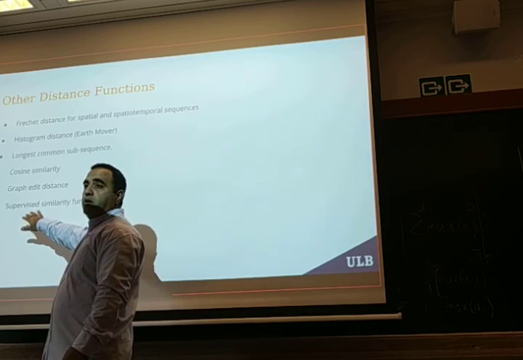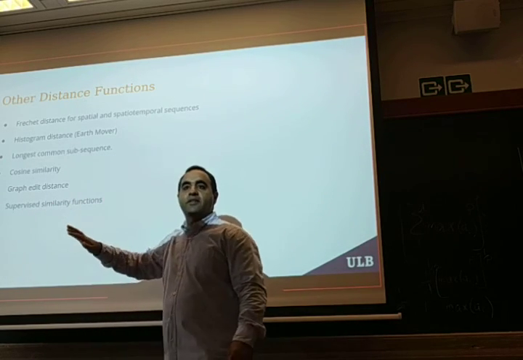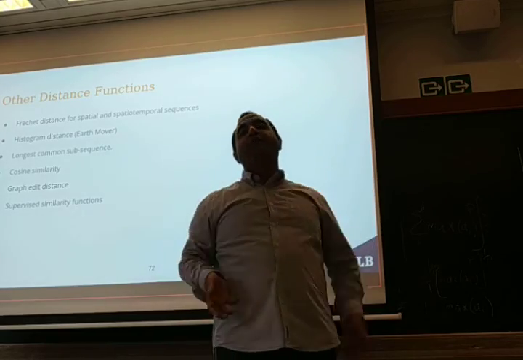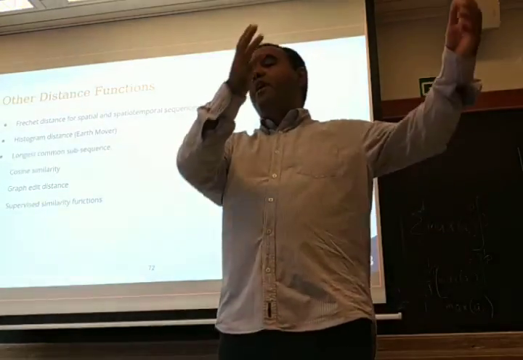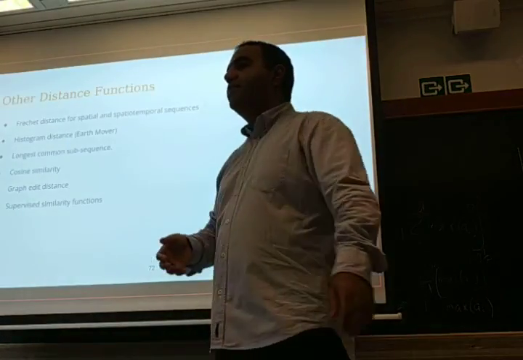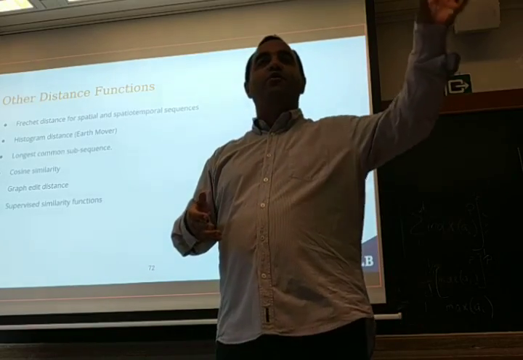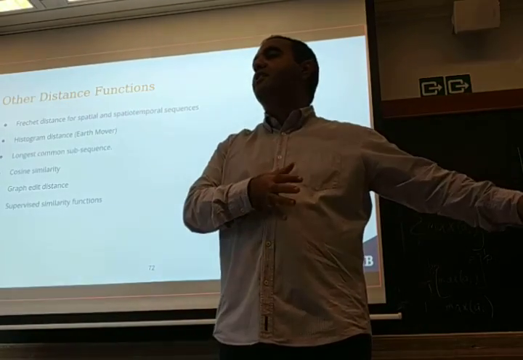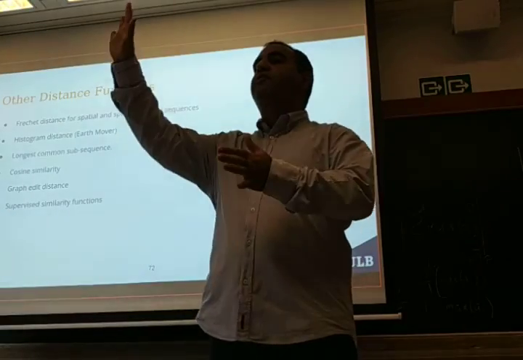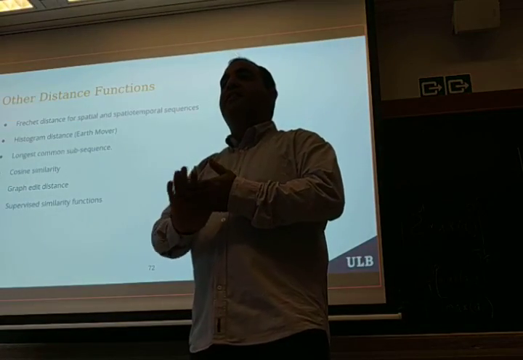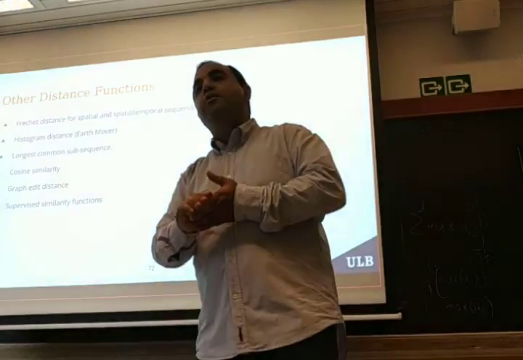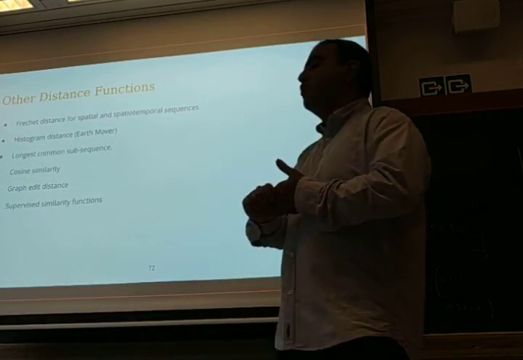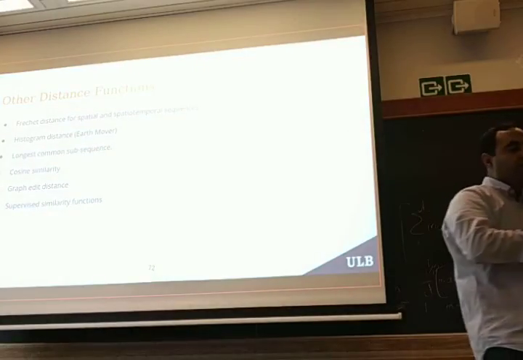Or learning the similarity. So we could learn how to find similarity if we have some labeled data that will tell us which pairs are similar, which pairs are not similar. We feed this into a data mining model or a neural net to build a model around similarity.